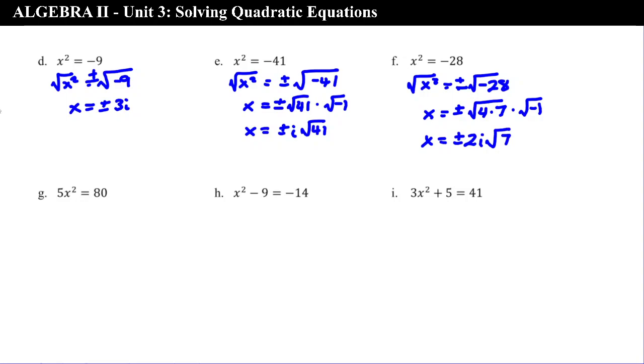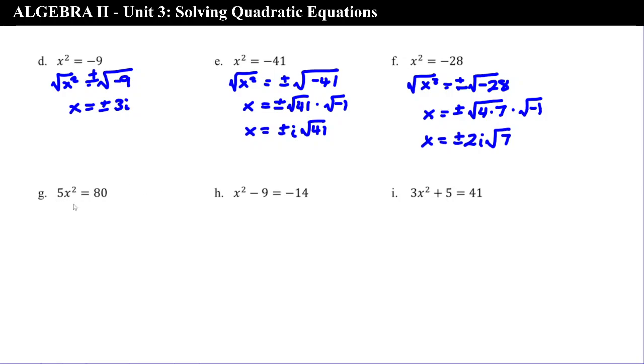All right, in the next row here, we have some examples where you're going to have to do a little rearranging before we can take the square root. For this one, we've got to divide each side by 5. Remember, you've got to do your order of operations backwards, and we've got to isolate that x squared term before we can take the square root. In the order of operations, exponents come second in PEMDAS, but next to last when you're doing those order of operations backwards.